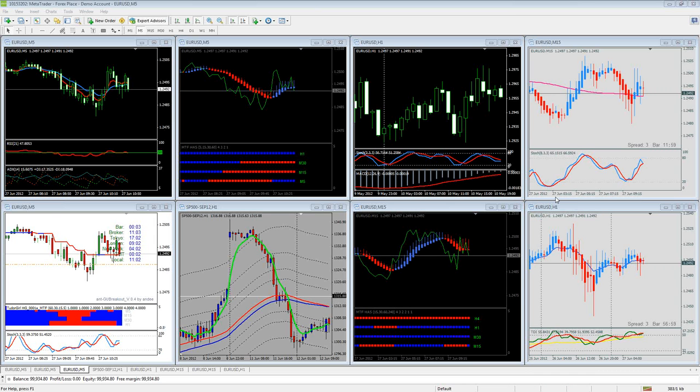So yesterday evening we spoke about the TDI, the Traders Dynamic Index, and about another Trading Made Simple system that uses the TDI, and we spoke a little bit about moving averages and how to work with moving averages and price action or support and resistance levels in confluence.